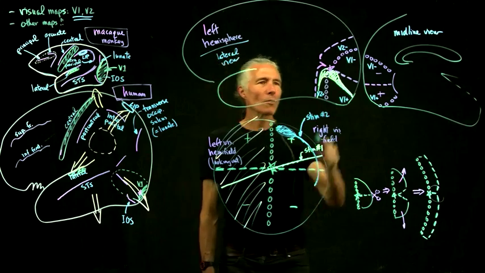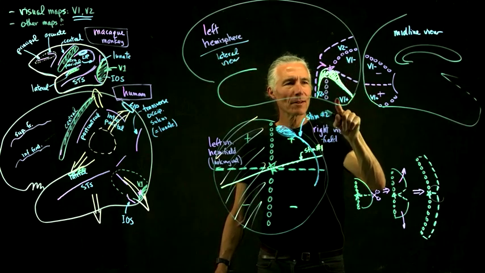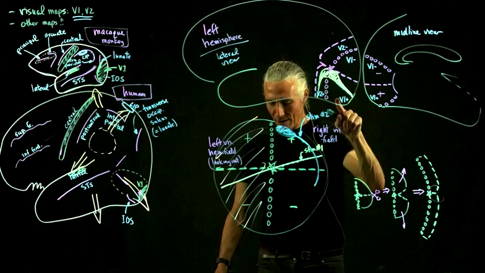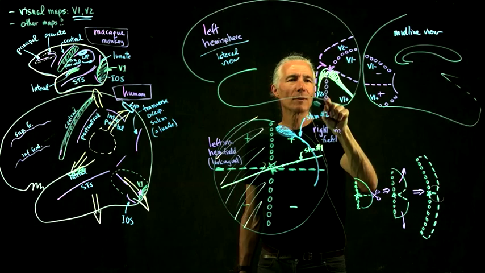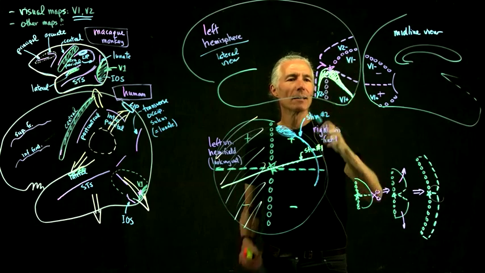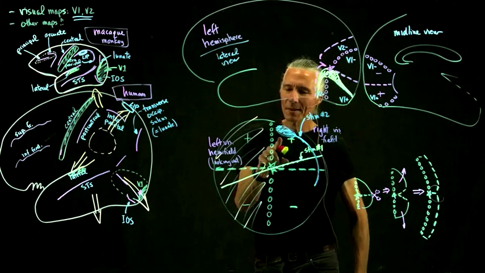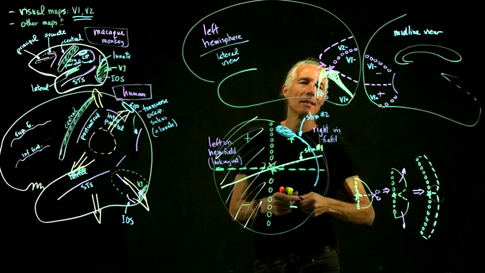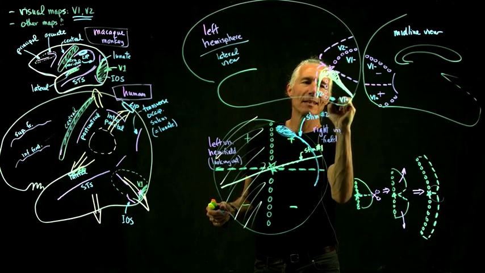So let's go over to our map and say in V1. And so we're in the upper field, and we're near the vertical meridian. So here's the vertical meridian right there, running like that. But we're kind of far away from the center of gaze. And so that's going to turn into like a little bump, something like that.